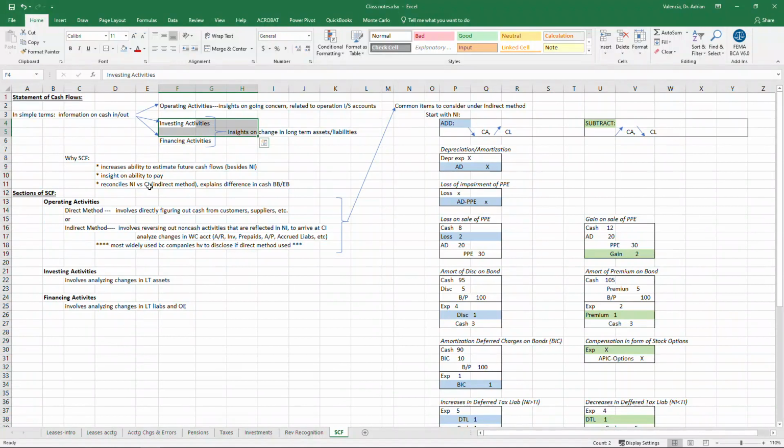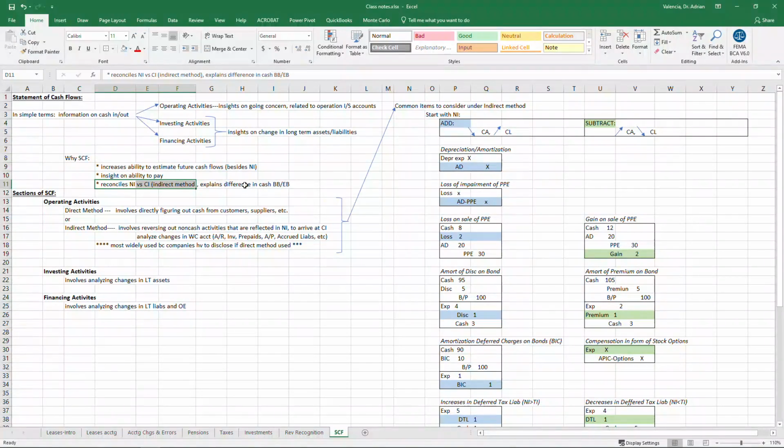Now we understand that we are under the accrual method, so we have revenues and expenses for which maybe there aren't cash flows related to them directly at that moment, and they do affect net income. But cash income would only reflect things for which cash came in or cash came out. So by doing that reconciliation, we can see that under the indirect method.